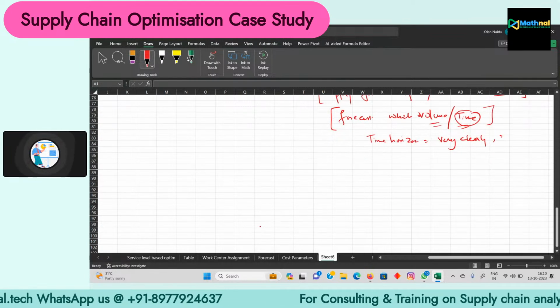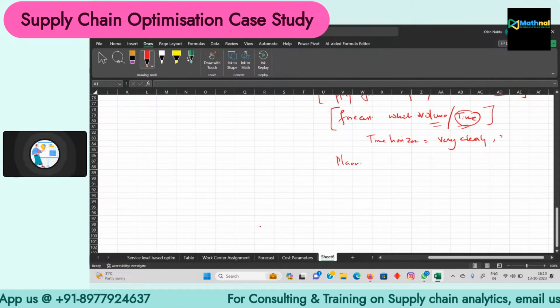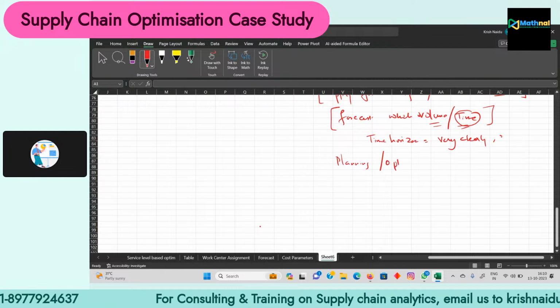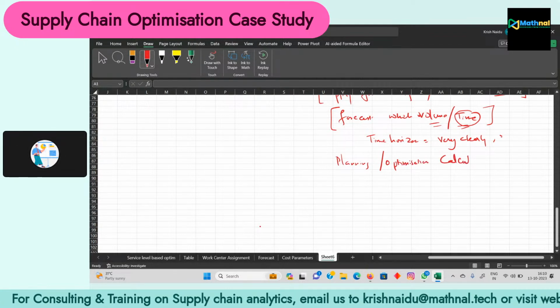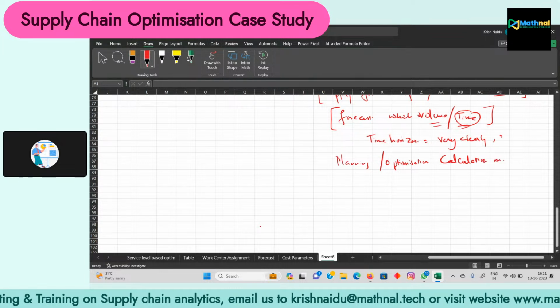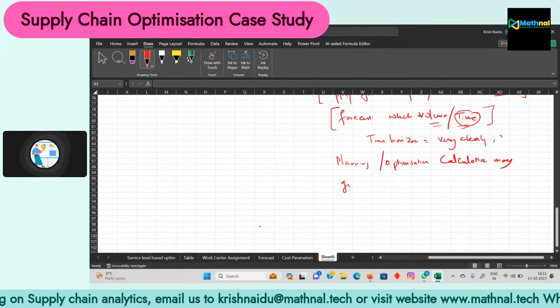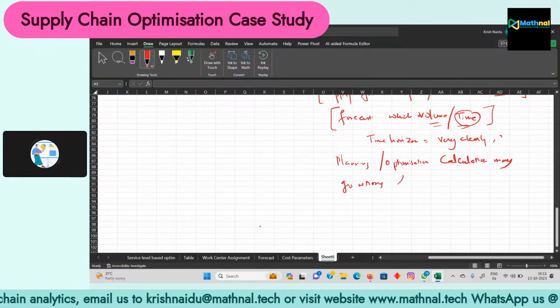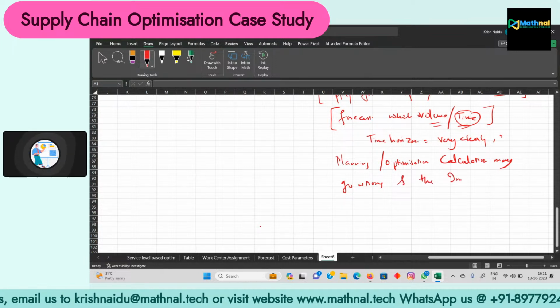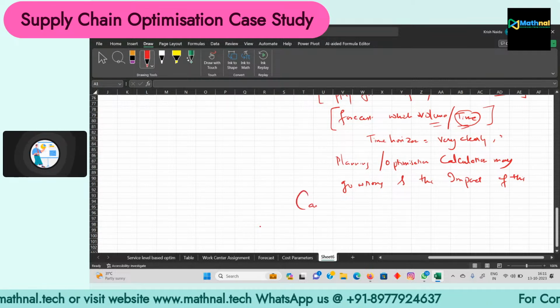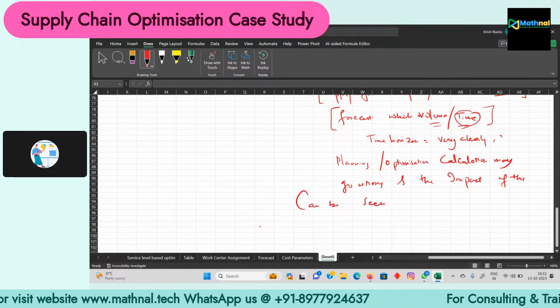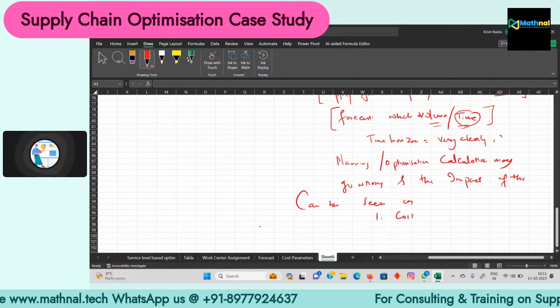the planning calculations or optimization calculations may go wrong, and the impact of this can be seen on cost of goods sold.